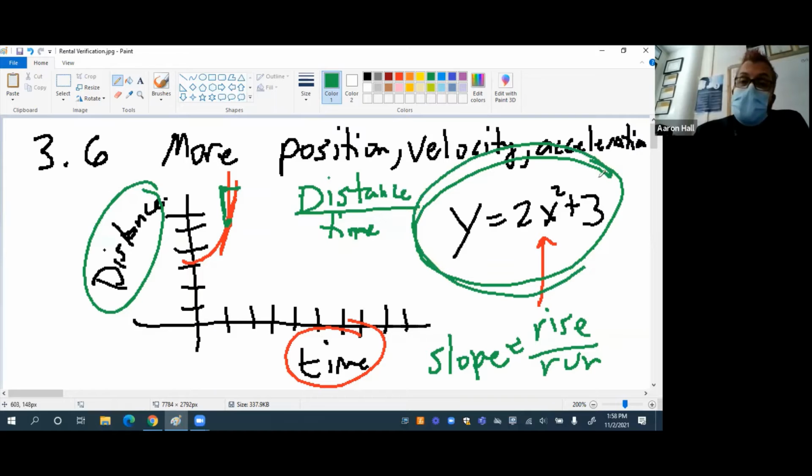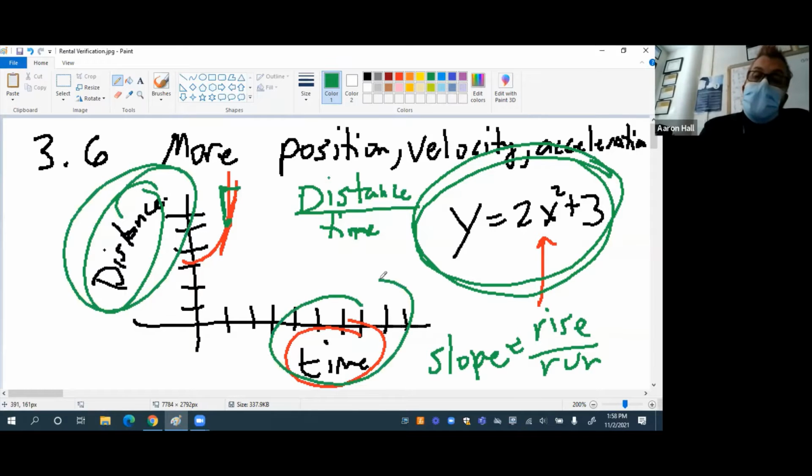Do we have a method that would allow us to transform a position function into a velocity function? Yeah, we could just use the derivative. In fact, that's really what the derivative does. The derivative finds the instantaneous rate of change. So if we take the derivative of a distance versus time function, we get a velocity function.